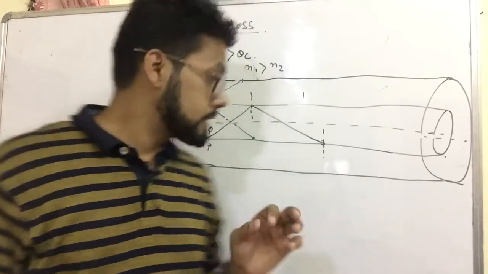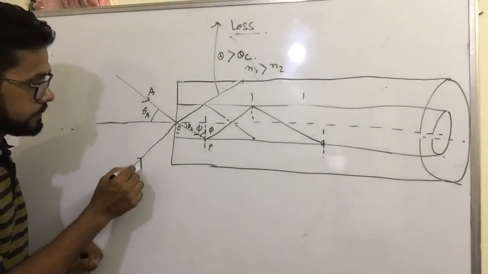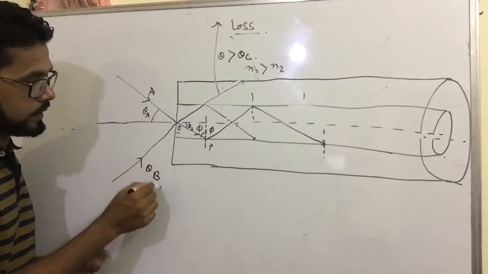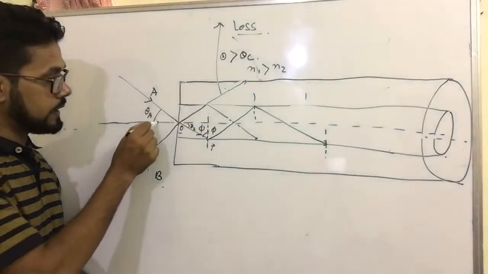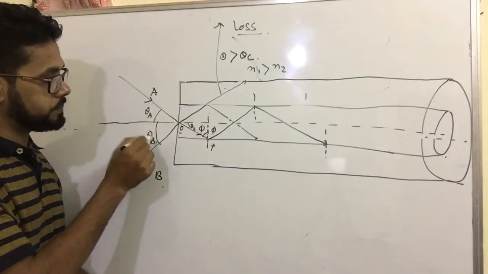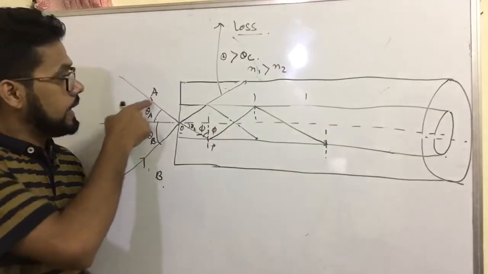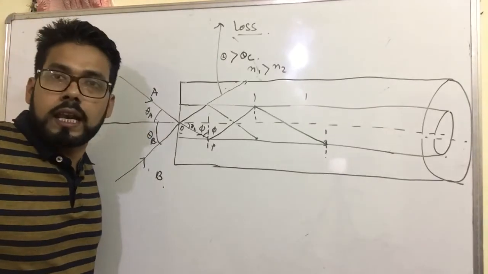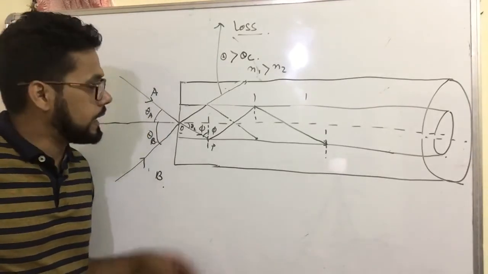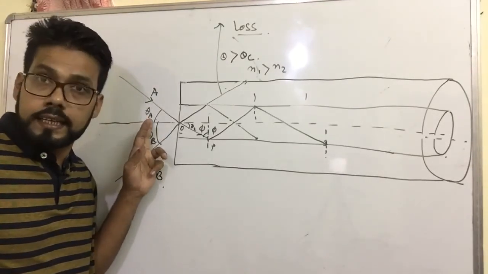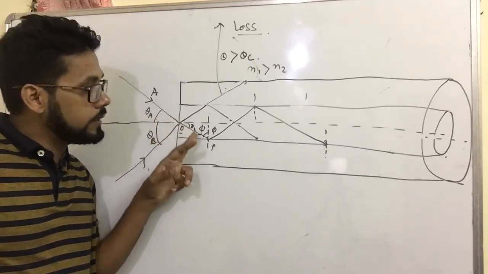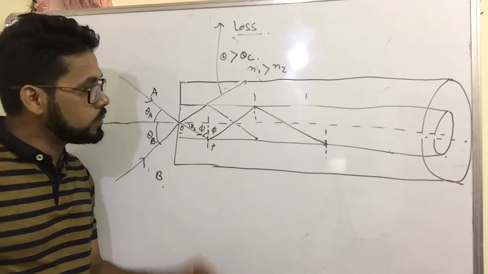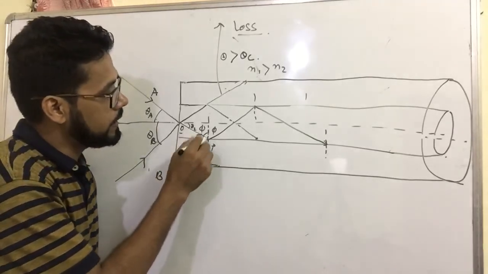Otherwise, suppose, for example, theta B. This theta B, the B line, is another angle. What happened? The A line is that we allow electromagnetic radiation to fall at a particular angle theta A, and this theta A falls at this point and moves inside the cable, and total internal reflection happens here and here.